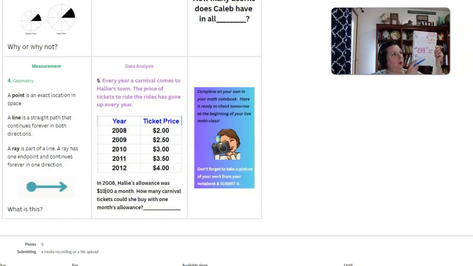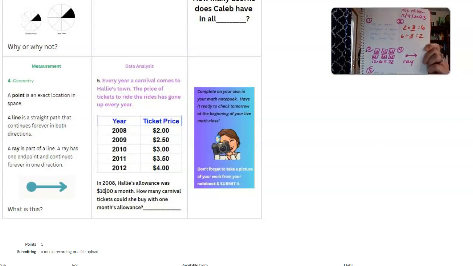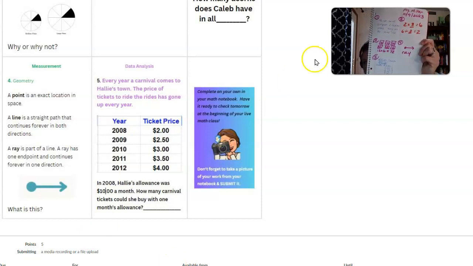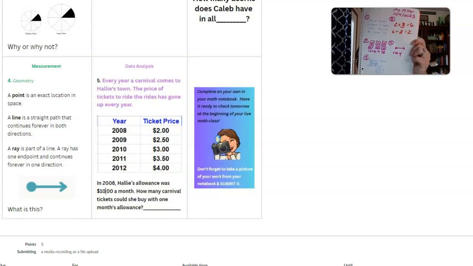Please remember, if you hold it clear back here, I won't be able to see what it is that you've turned in. So try to do your best by taking a picture that shows your work for all 5 questions, as well as your name and today's date.